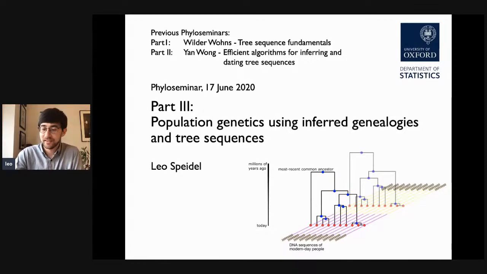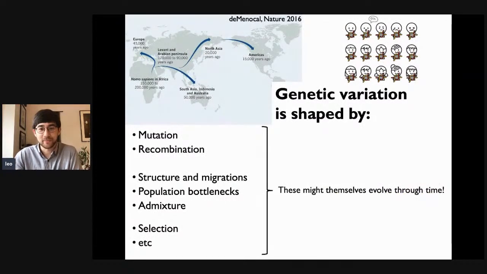Okay, so perhaps we can start with a fairly obvious or basic point, namely that genetic variation in a population of individuals is shaped by quite a long list of complex evolutionary processes. Some of these are more on the molecular level.